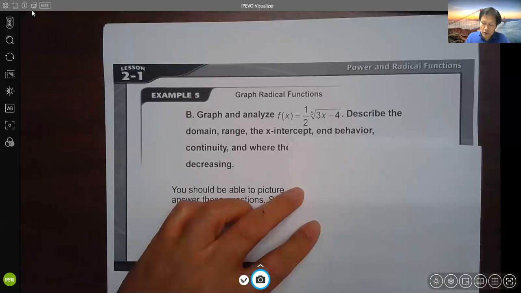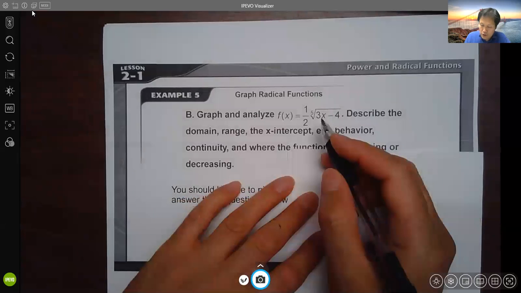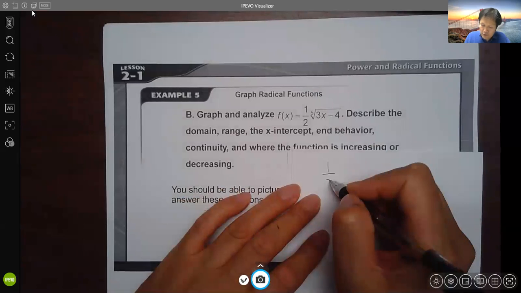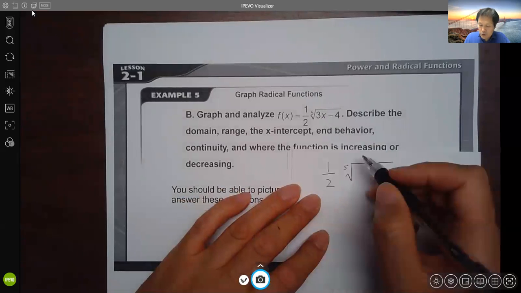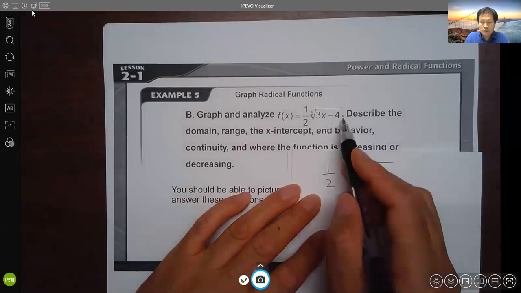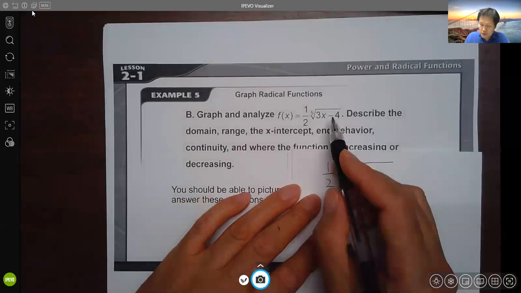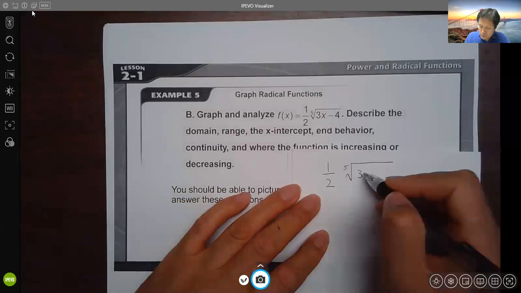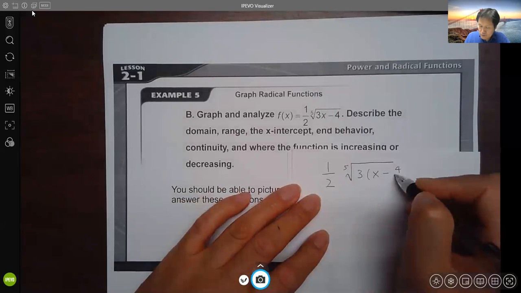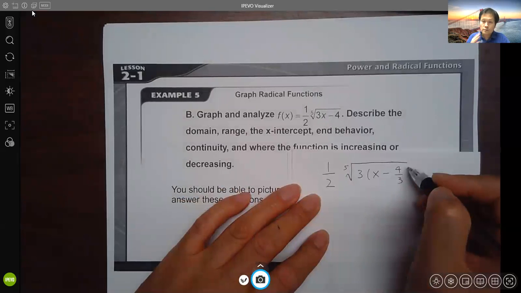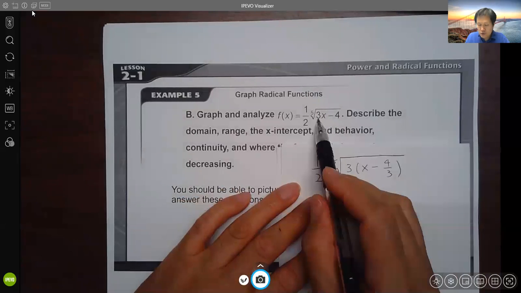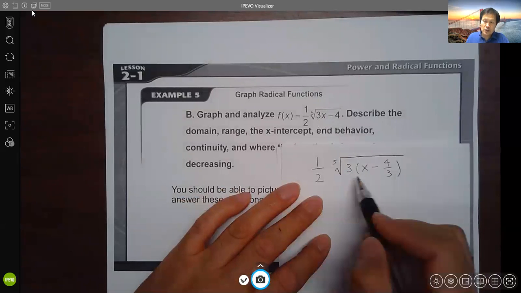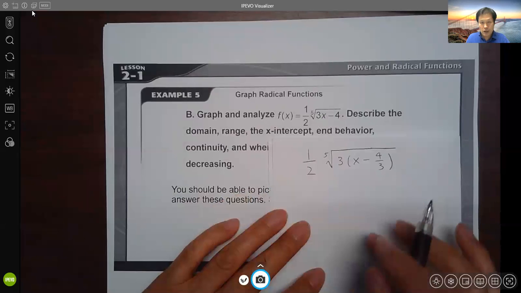Then it becomes a little bit of work. So here's what you would have to do without a graphing calculator. Here, 3x minus 4, you have to factor out 3. So if you factor out 3 here, you will have this, then it's clear. So here's what you can do.